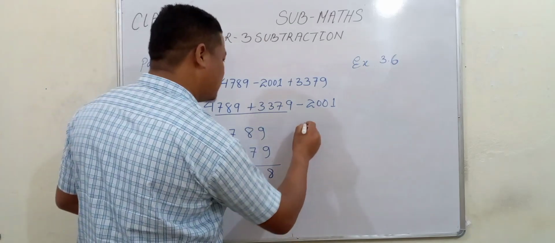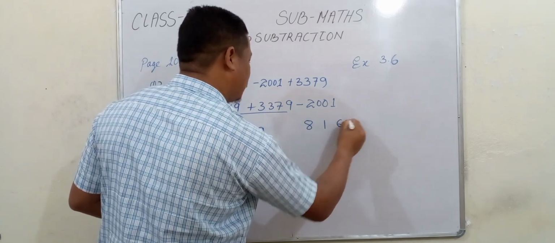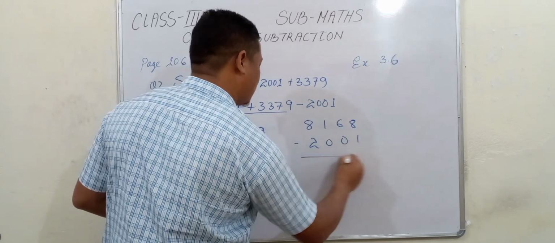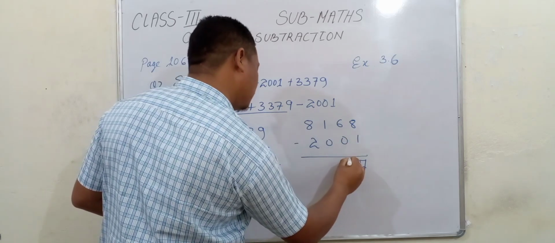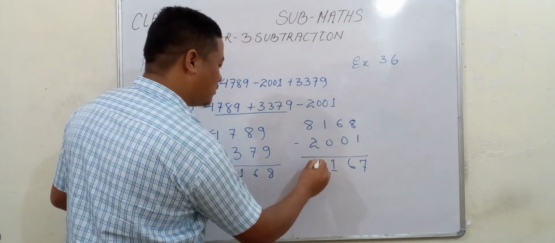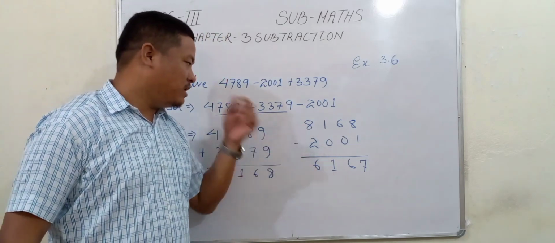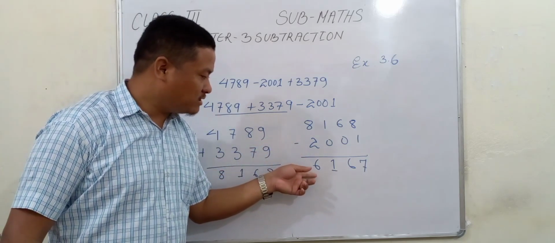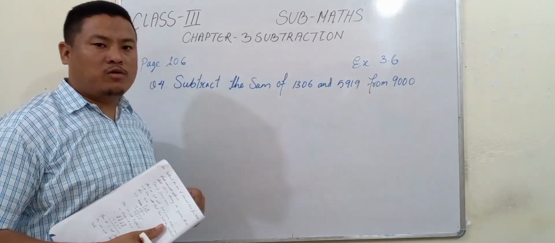Let us subtract 8,168 minus 2,001. 8 minus 1, 7. 6 minus 0 is 6. 1 minus 0, 1. 8 minus 2 is 6. Now we have the difference of these two numbers. 8,168 minus 2,001. We have difference 6,167. Question number 3 will be homework.